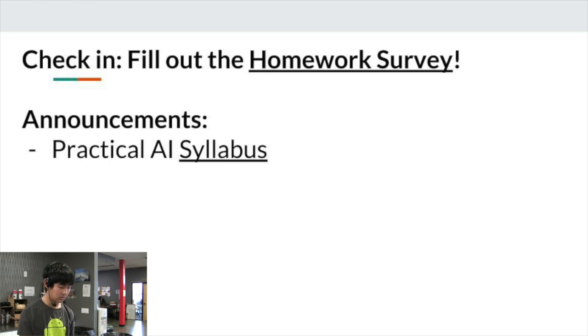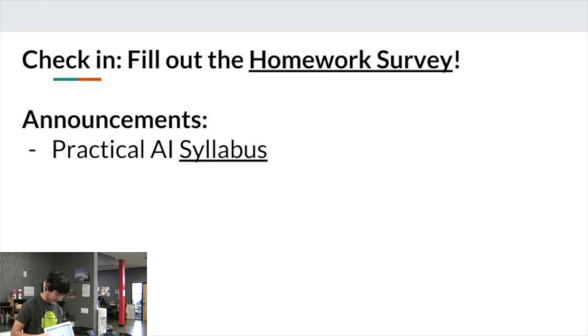So this is the Practical AI syllabus. Here we have a course description, with some general information about the course.